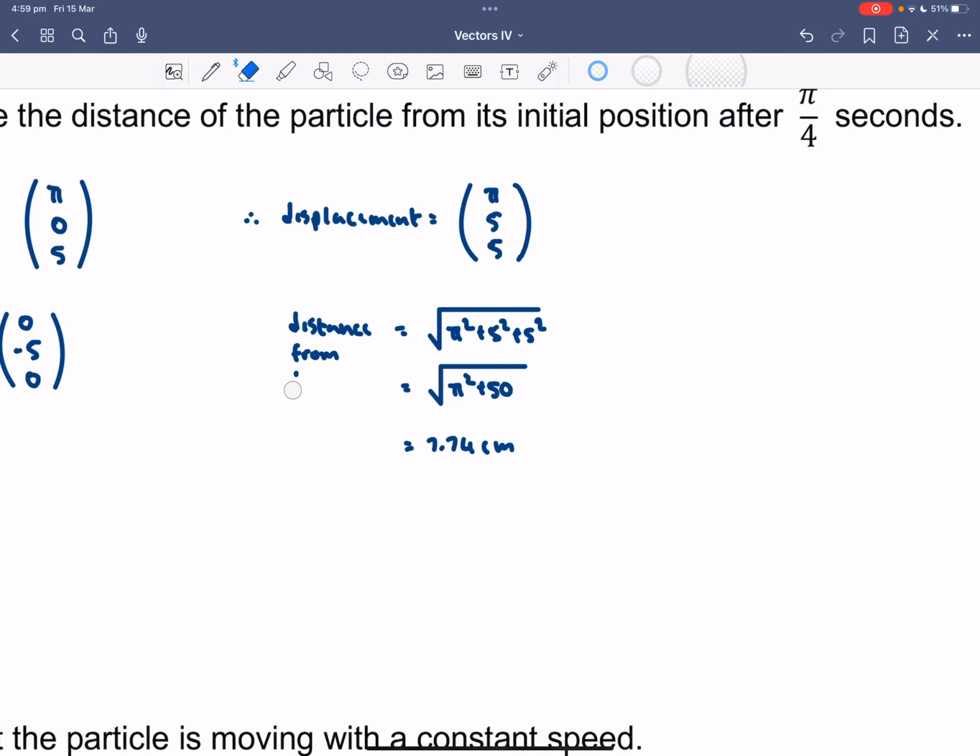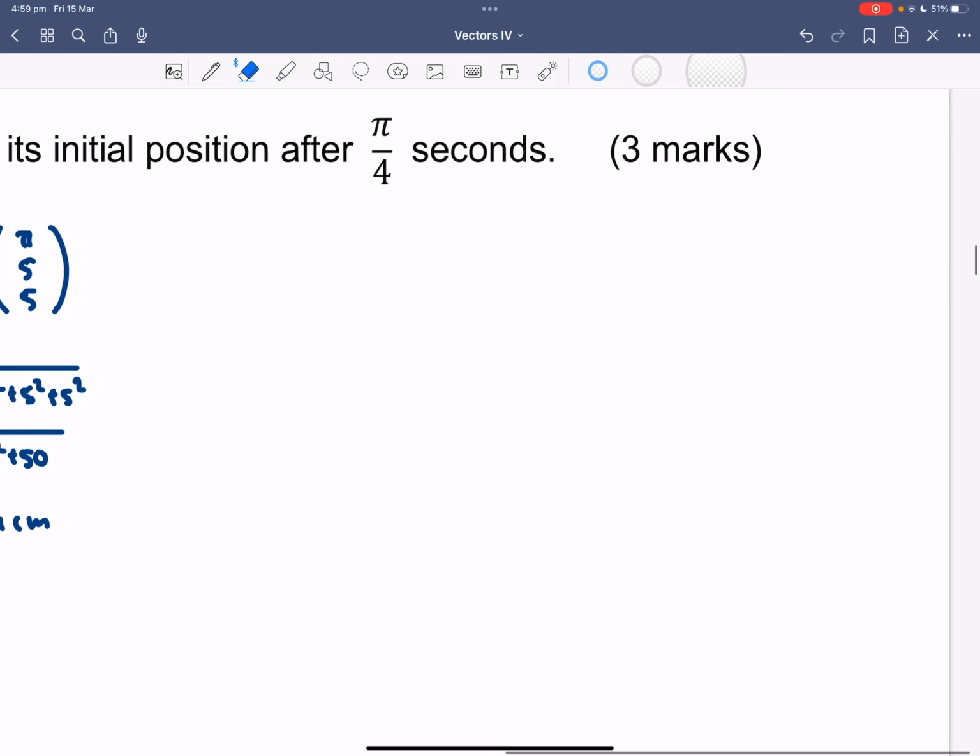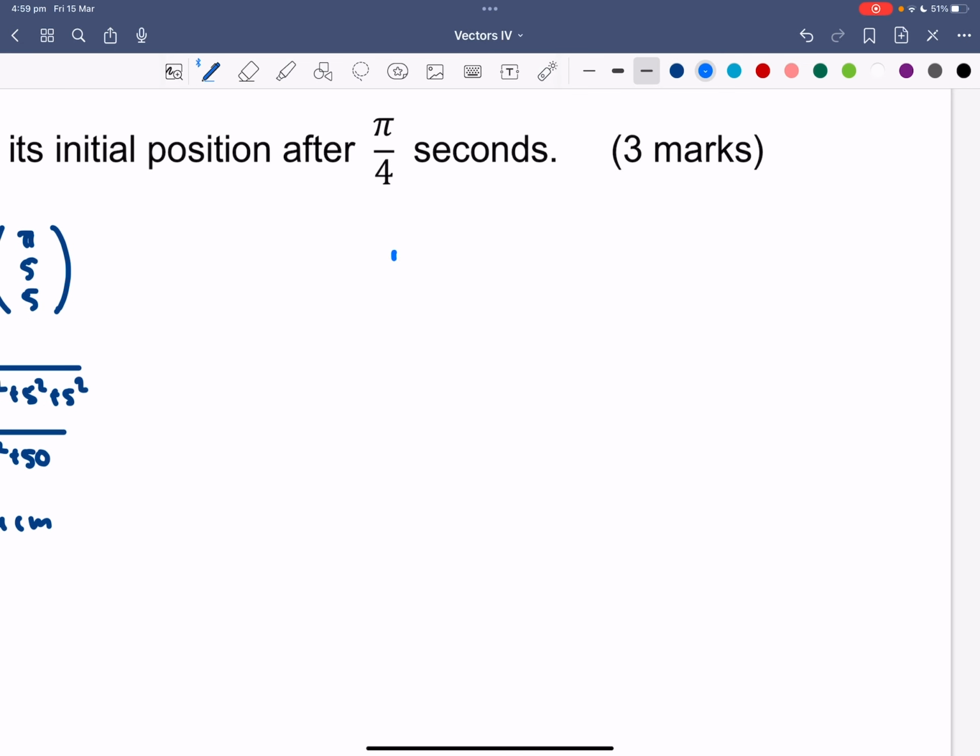In fact, I'm going to just write down everything that we need to know. If you want to know the distance from its position at T1 to its position at T2, that is what we're doing over here.